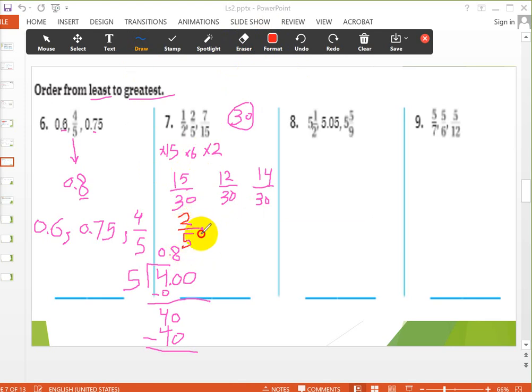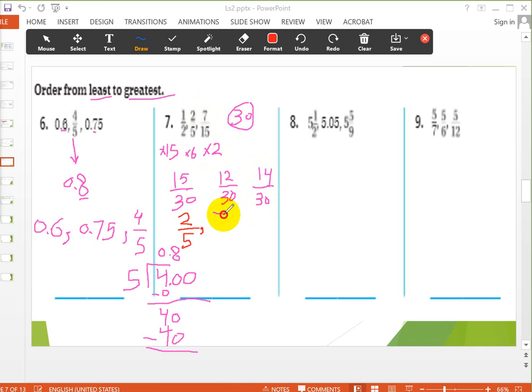After that, the greater number than this number. Yes, it's right, Farah, but I have to write the numbers as they are, not after multiplying by 6. So 12 over 30 is 2 over 5. Now, after that, 14 over 30 is 7 over 15.